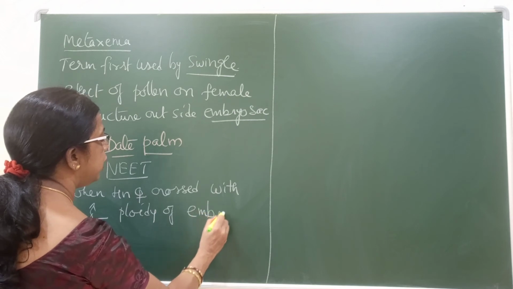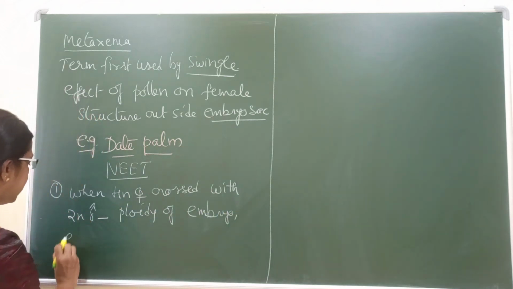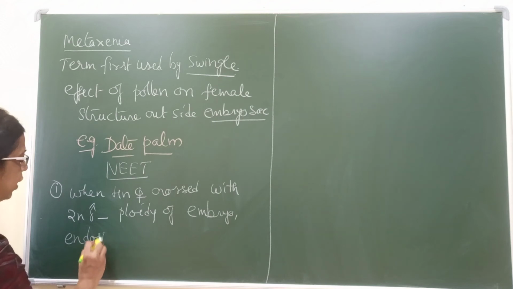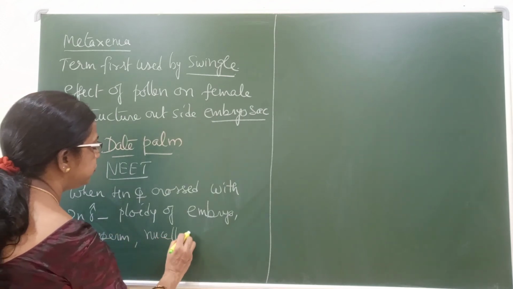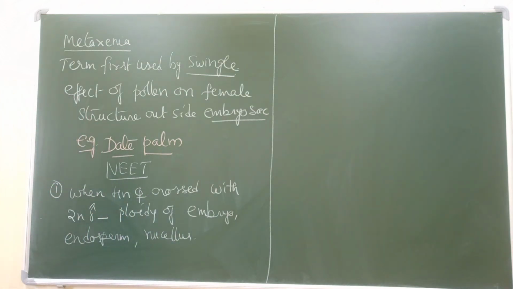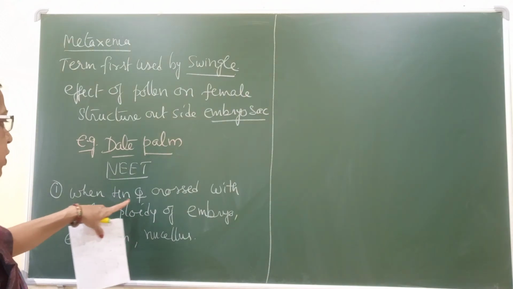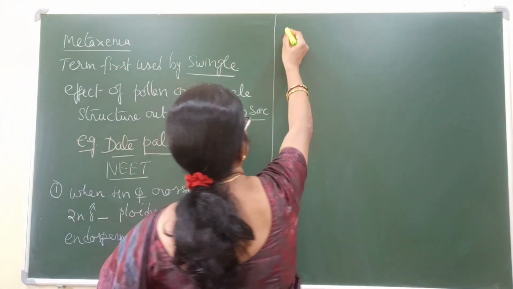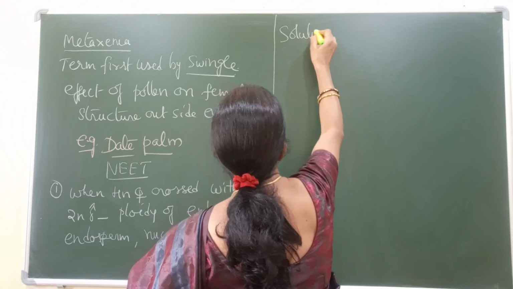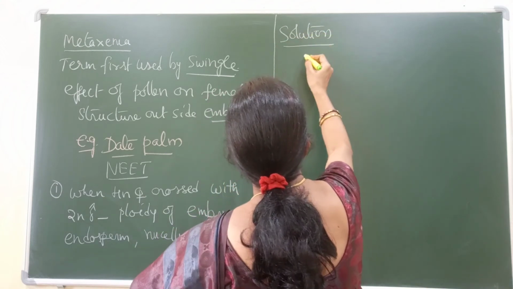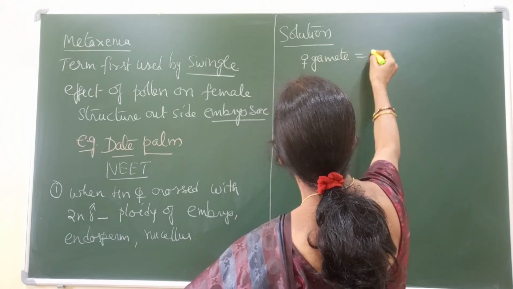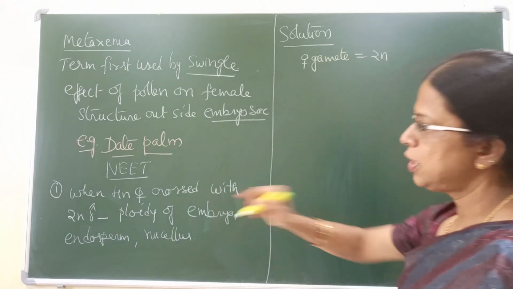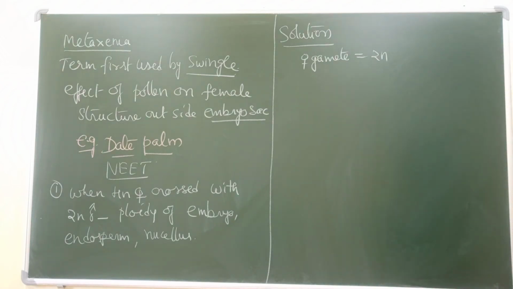embryo, then endosperm and nucellus. Let us find out the ploidy of these. When the female is 4n, the ploidy of the female gamete will be 2n, because the female plant is 4n.